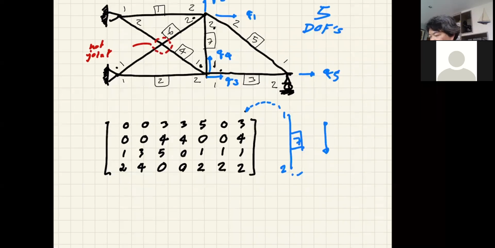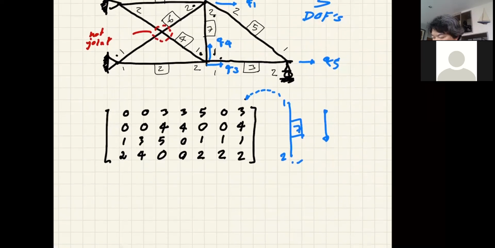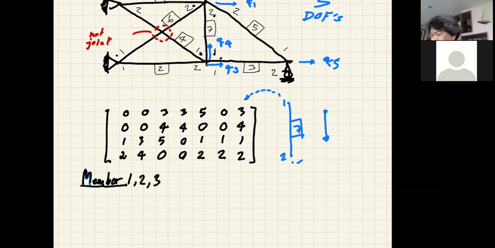So let's say member 1. Actually, it's the same for member 1, 2, and 3, right? Yeah.